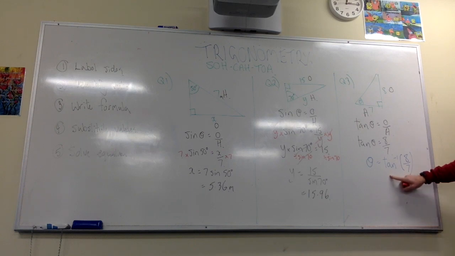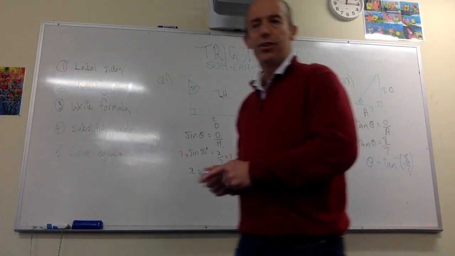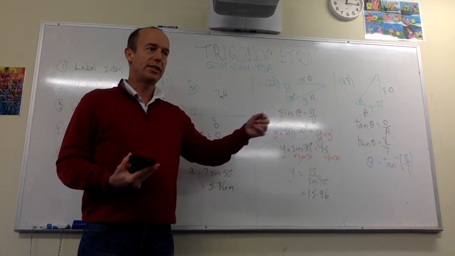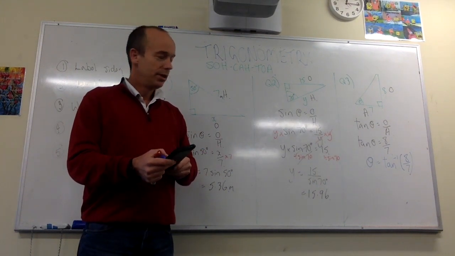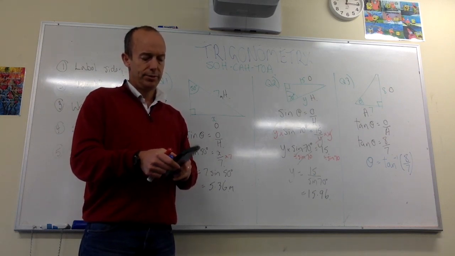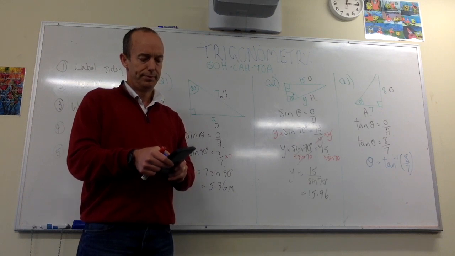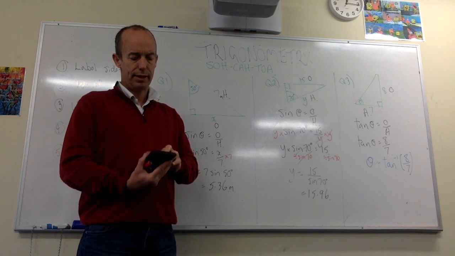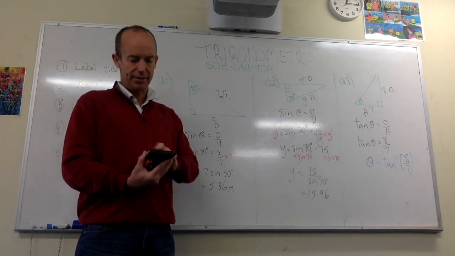And we can get this on our calculator, either by doing shift tan or alt tan, depends on your calculator. So, on mine, I'm going to go, sorry, let's try that again. Inverse tan of 8 divided by 7.